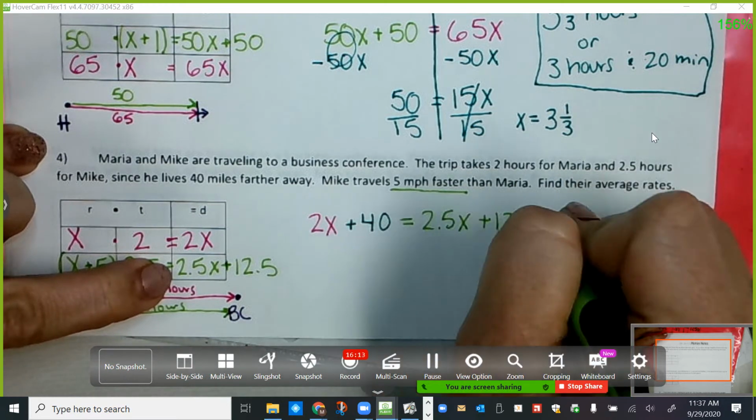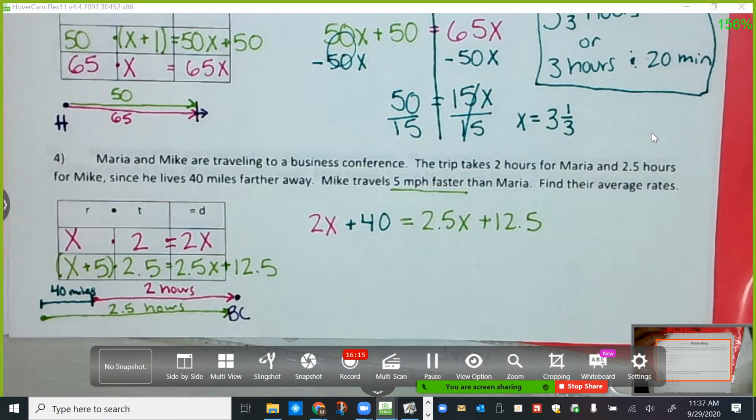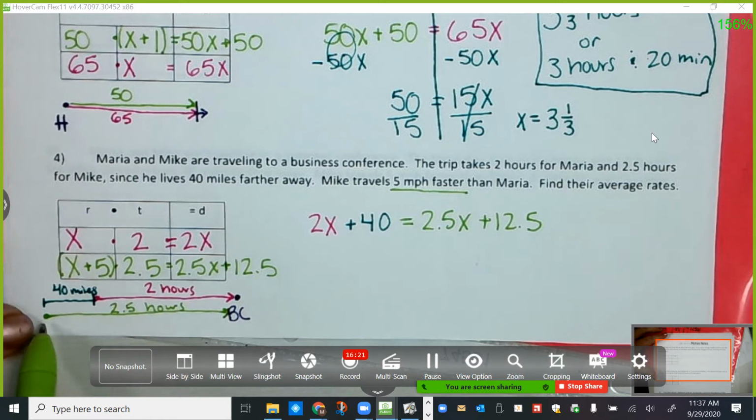Why do you add the 40 to Maria and then Mike if he's further back? Because that's the distance. We drew him further back, but his time is more. So their distance that separates them is 40 miles, right? Yeah. So her drive plus 40 would be his drive. Okay?